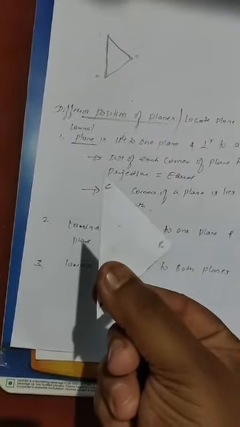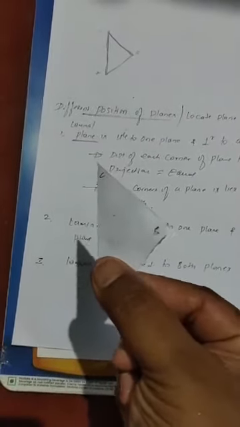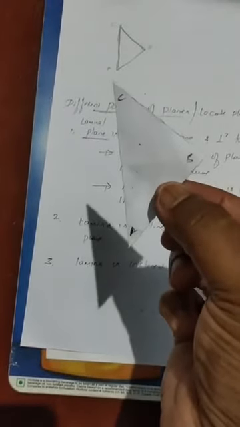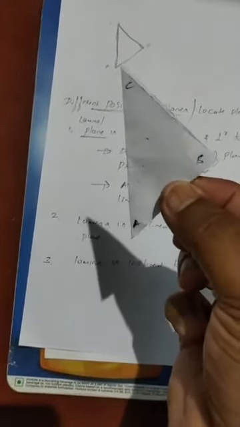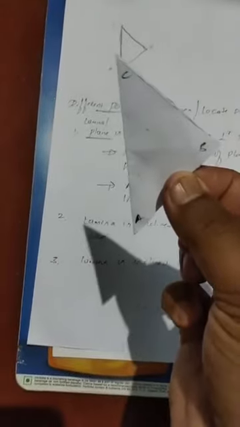Initially it is parallel to one plane, now it is inclined to the horizontal plane, and now the lamina is inclined to the vertical plane. Again, the shadow of that lamina will not give the actual shape. Now you can say that the lamina is inclined to both the planes. These are the three different positions of the planes.